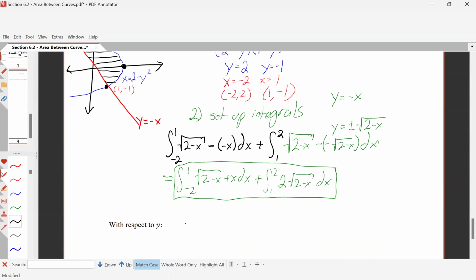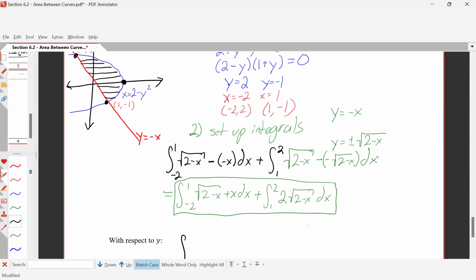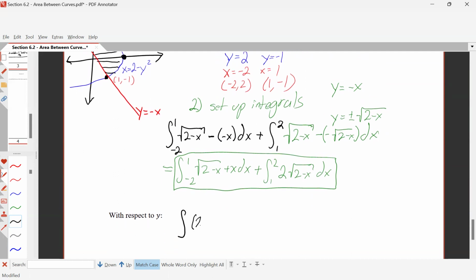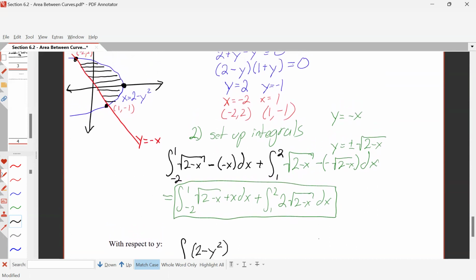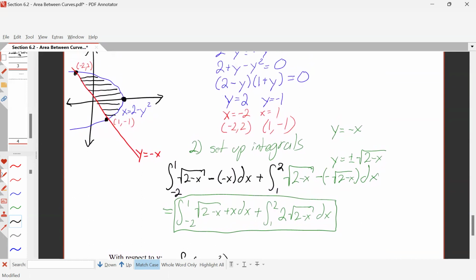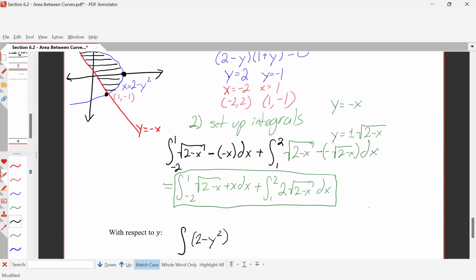So our integral is going to be the integral of the right function, the parabola, 2 minus y squared, in terms of y, minus our left function in terms of y, which is -y, dy.